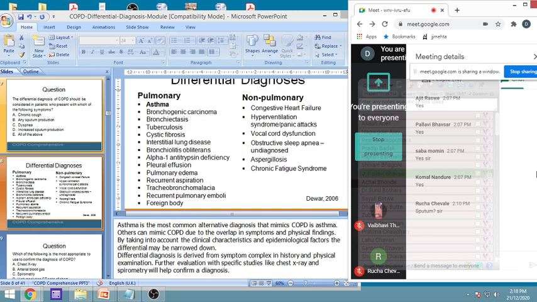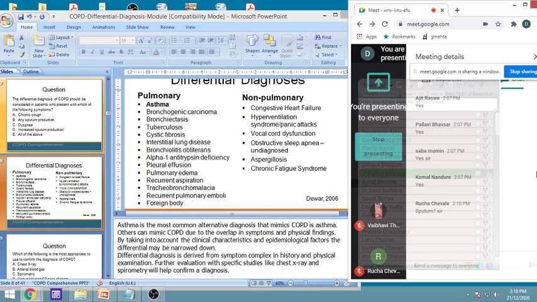So there are so many reasons, and the reason has to be finalized, whether it is asthma, any other kind of COPD or any such thing. Asthma is the most common alternative diagnosis that mimics COPD. Others can also mimic COPD due to overlap in the symptoms and physical findings.